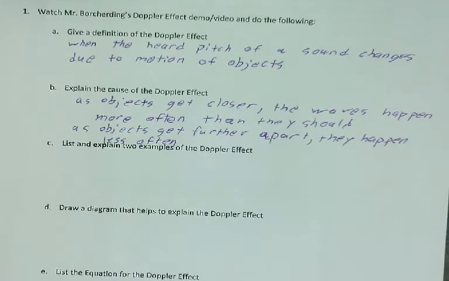So, objects, as they get closer together, the frequency happens more often. As the objects get further apart, the frequency happens less often, which means the pitch goes down. So when the fire truck is getting closer, the pitch is higher than it should be.